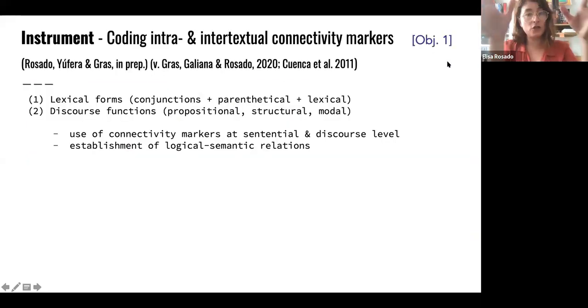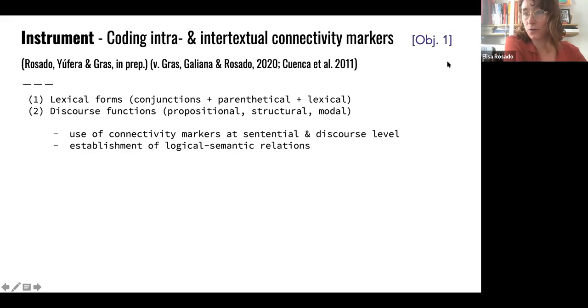So this first objective implied the identification of lexical forms, meaning conjunctions, intrasentential connectors, parentheticals, meaning traditional discourse markers, and lexical markers, which are one of our main objectives and one of the outputs of the project. I'll show you in a minute.